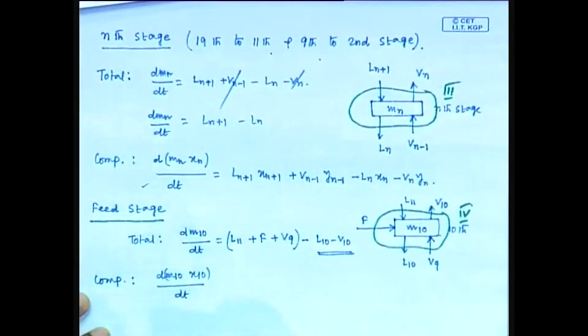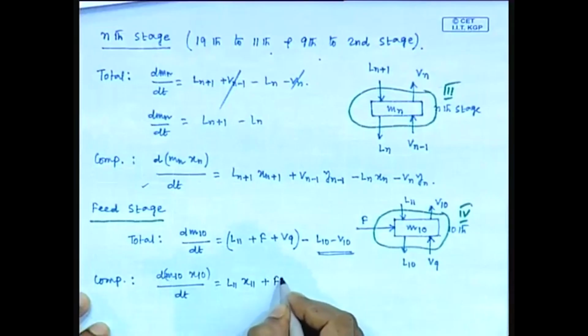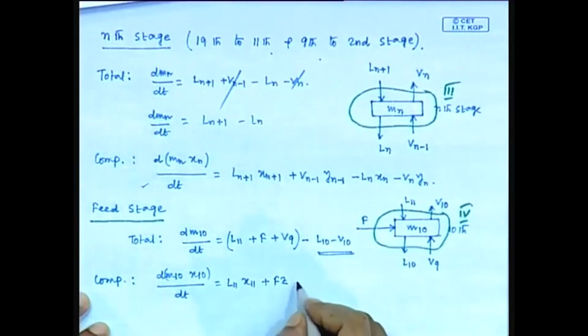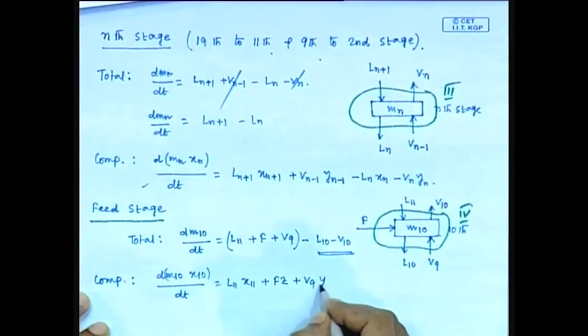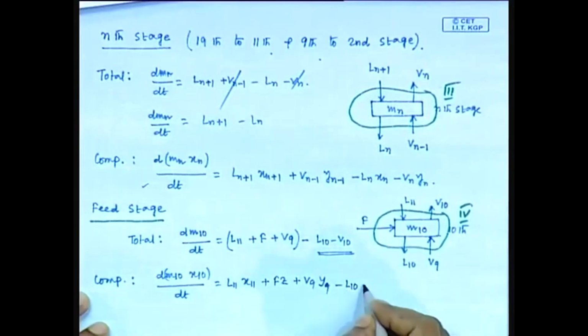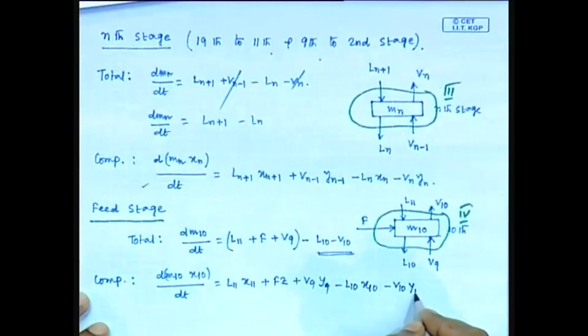So, dM10 x10 dt equals L11 x11 plus F, feed composition is Z, plus V9 y9 minus L10 x10 minus V10 y10. Fine. This is the modeling equations for the feed stage.